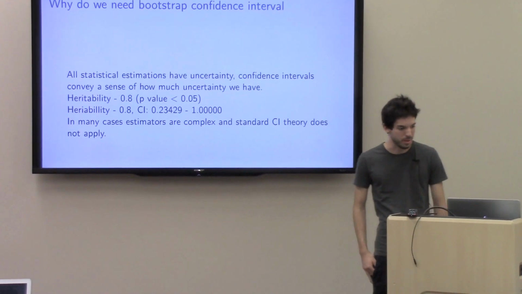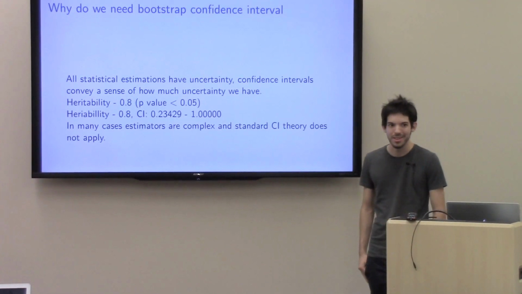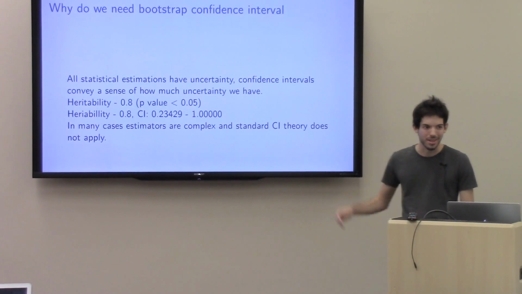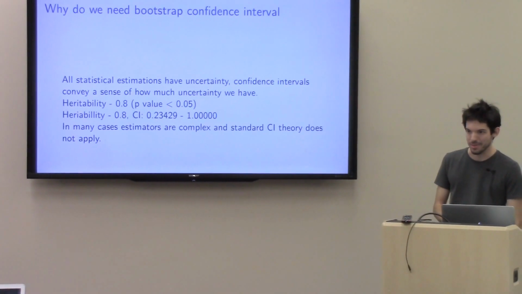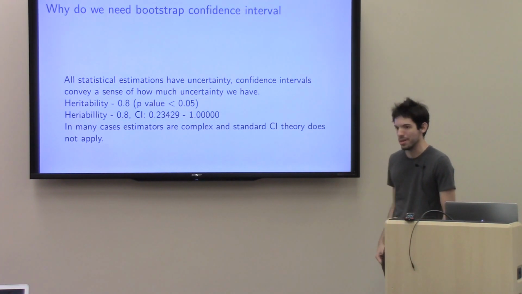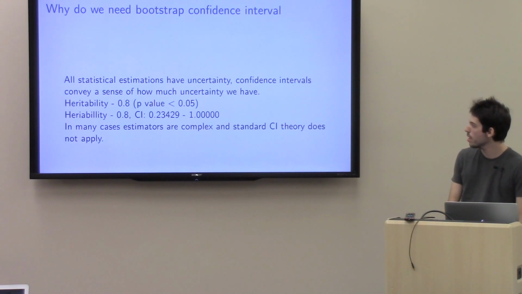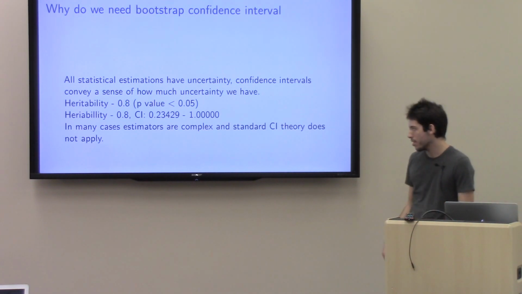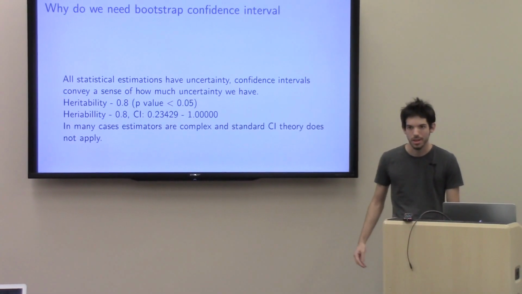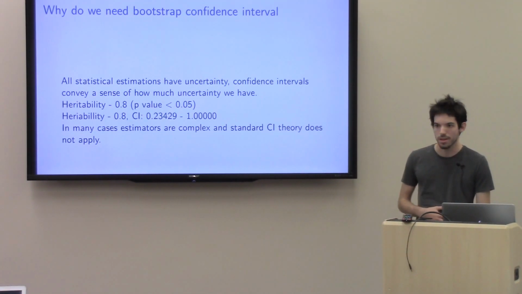Which isn't as informative, and I'm sure you would all like to know that before you make a decision based on an estimate of something. You really want to know how big the uncertainty is. And building confidence intervals may be difficult in cases when normality does not hold.